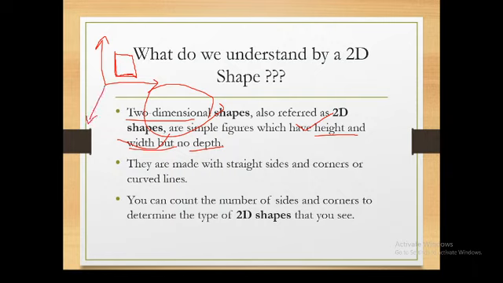So that's why this third dimension is not there. That's why it's a 2D shape. Now they are made with straight sides and corners or curved lines. You can count the number of sides and corners to determine the type of 2D shape that you see.